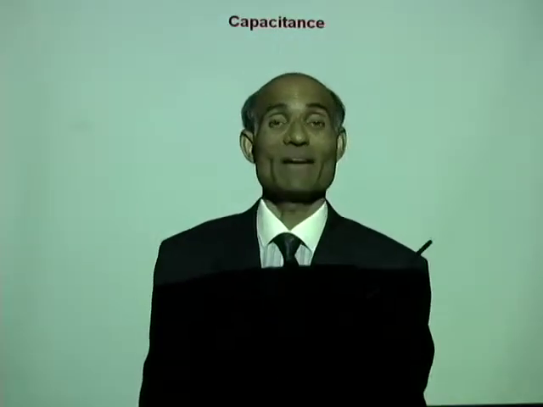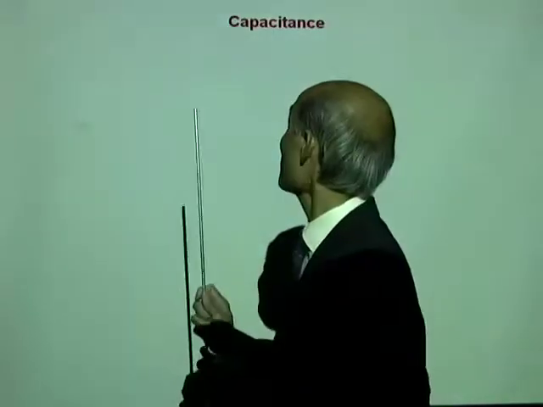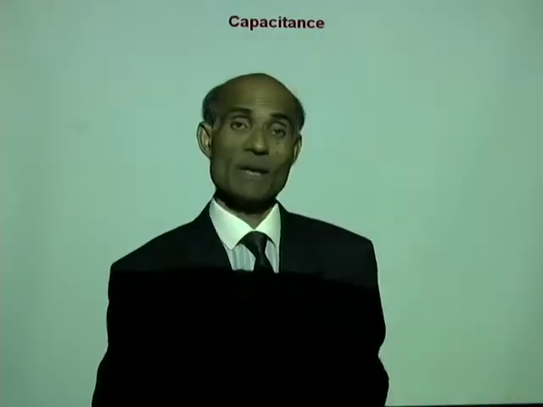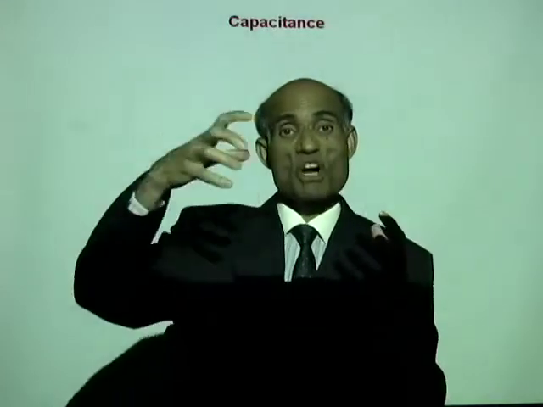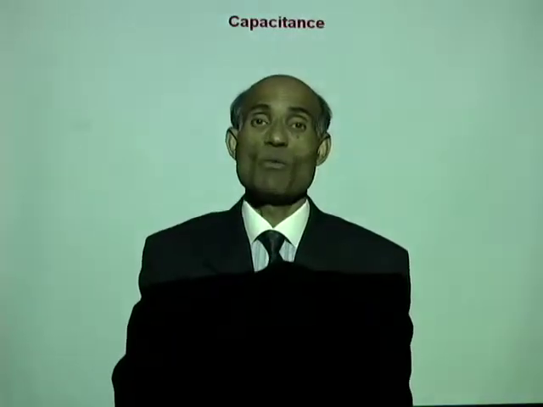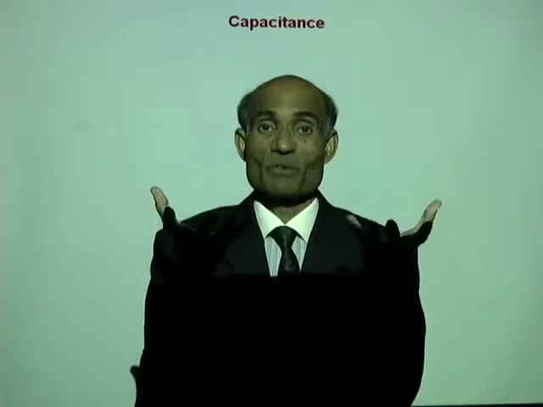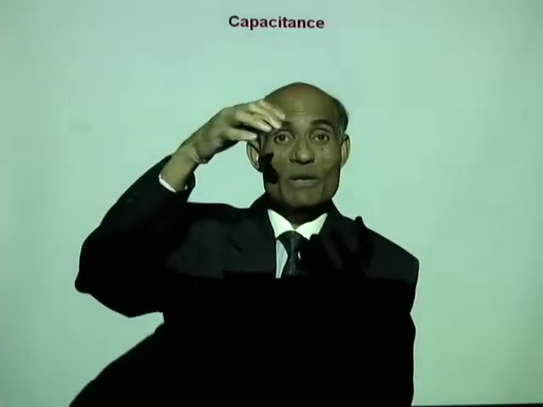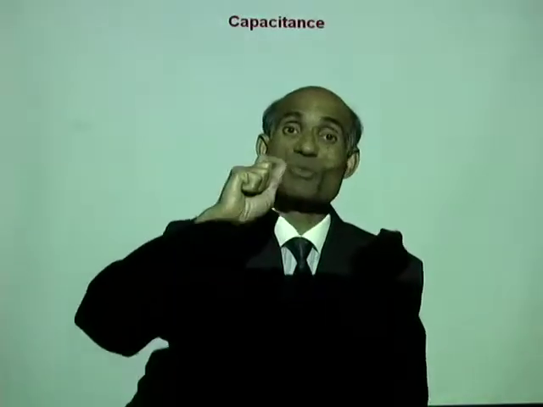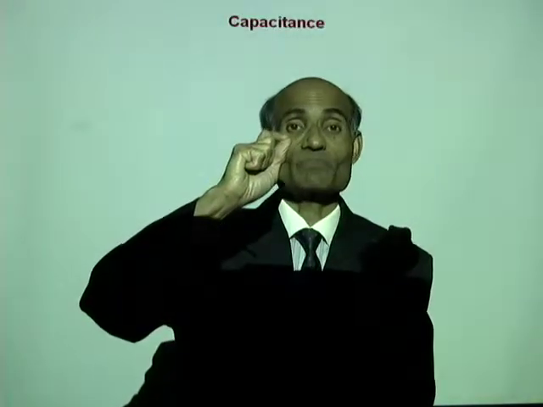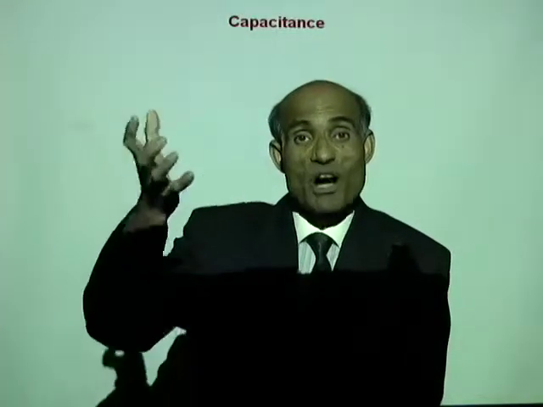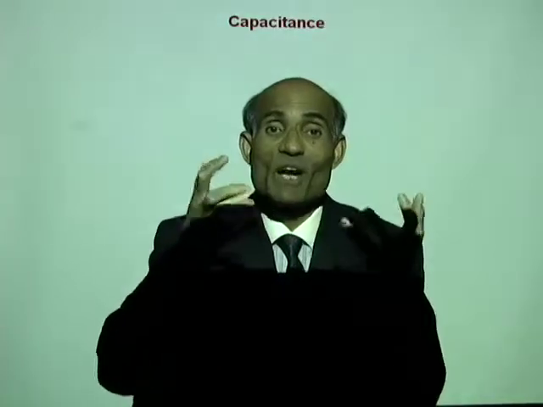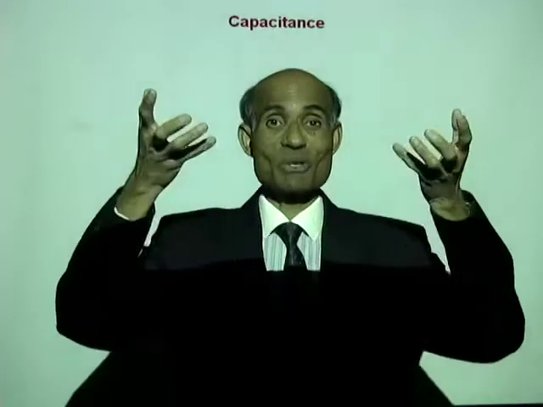In the same way, we can define capacitance of a conductor. Now tell me, when you give charge to a conductor, what are you raising? In the case of the container, when you put liquid inside, you raise the height. When you give charges to a conductor, you raise its potential.